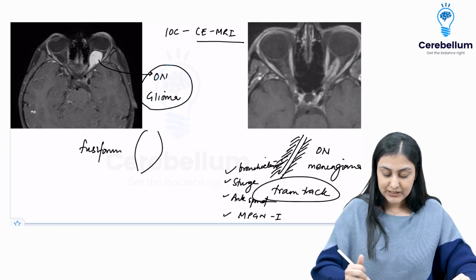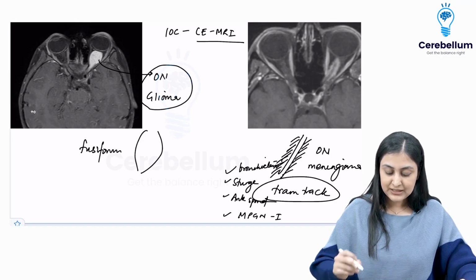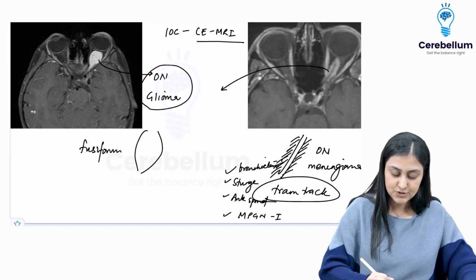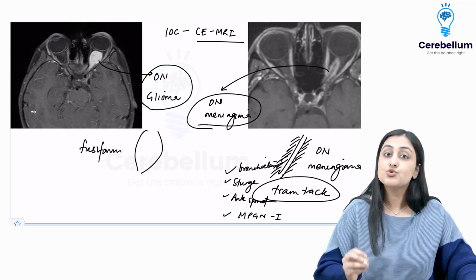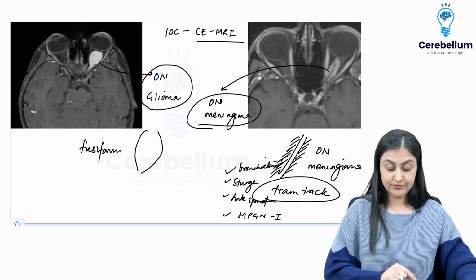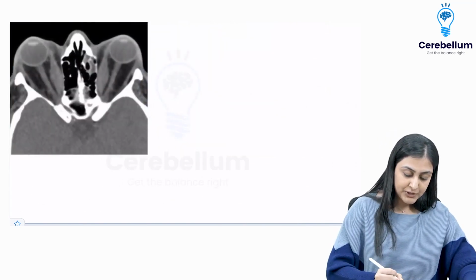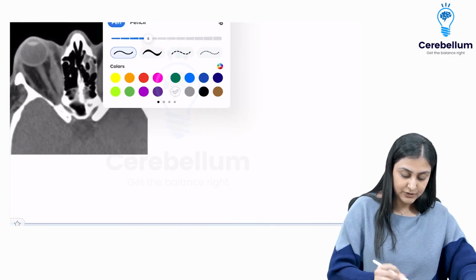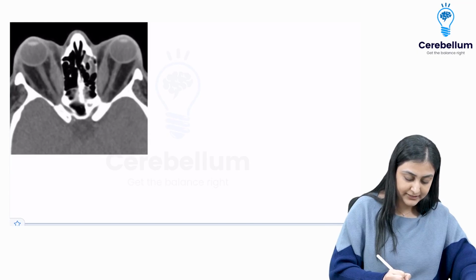Now coming back, so here the optic nerve is seen separately, and you have this sort of an appearance which is encasing the tumor. So this is optic nerve meningioma. So these are two tumors of optic nerve. In this case, what you can see are the muscles, the extraocular muscles. In fact, in one of the FMG exams, you are asked to identify the structures.